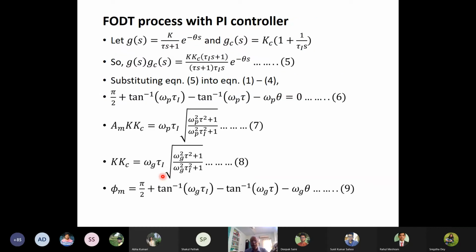Let's take one example over here. We take the PI controller.